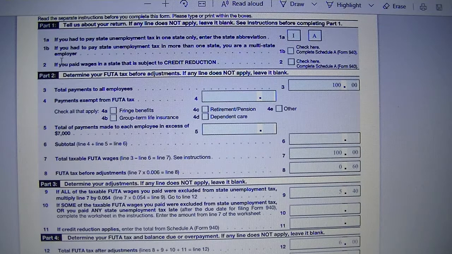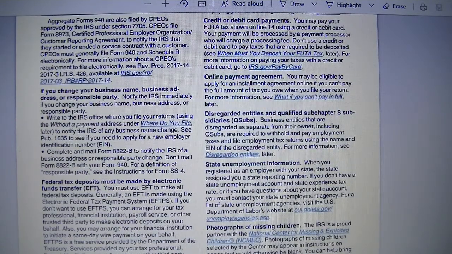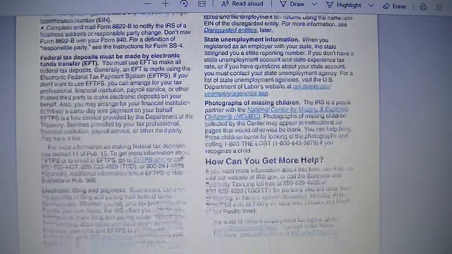Line 2, if you pay wages in a state that is subject to credit reduction, you check line 2 and complete Schedule A Form 940. So we can take a look at what qualifies for credit.